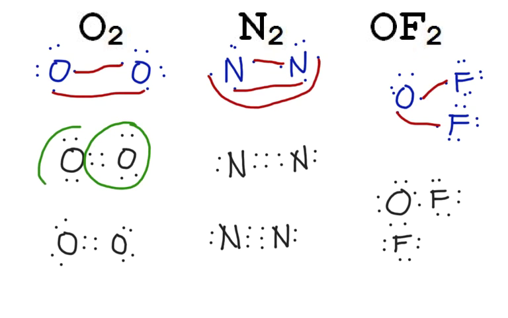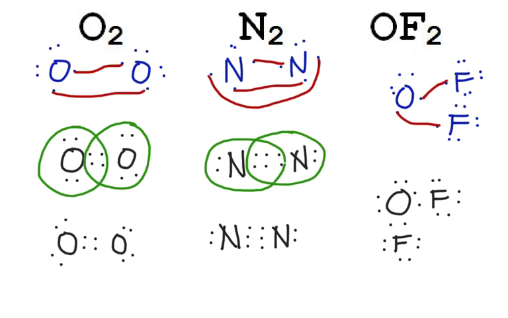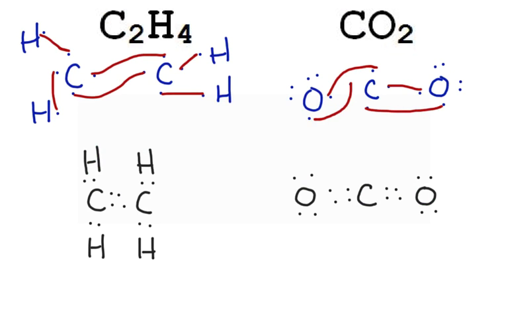And notice that these electrons that are between the atoms get counted for both atoms because the oxygens are near those. Same thing with the nitrogen. Those 6 in the middle get to count for both atoms, so we're still following the octet rule. Over here the fluorines are near an octet, and the oxygen's also near an octet. So all of those are following the octet rule. Here we have our carbons, near an octet, and near an octet, and we're not surprised that the hydrogens don't do that.